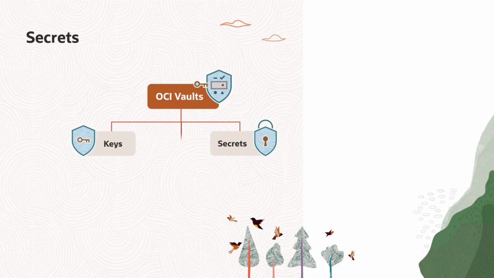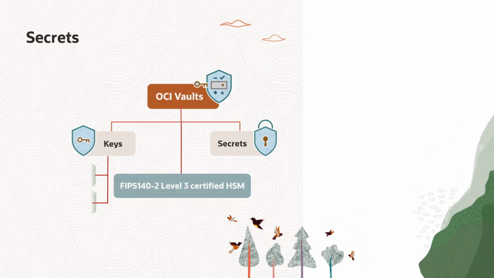Until now, we talked about keys, and we talked about vaults, and we talked about the whole idea of a dedicated HSM partition, the private vault, and just the standard vault, which is a shared HSM partition, right?